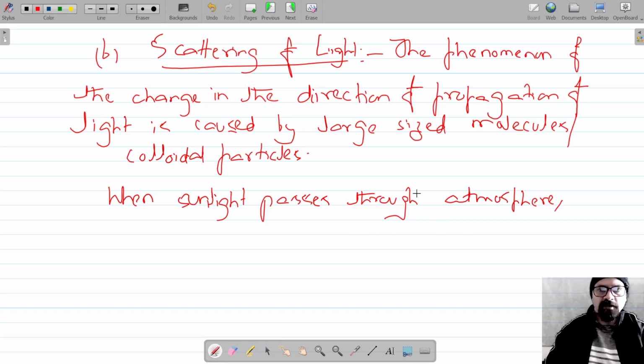Now there are particles of different sizes, but in this case we are going to consider only the very fine particles. These very fine particles, their size is of the order of the wavelength of blue color.